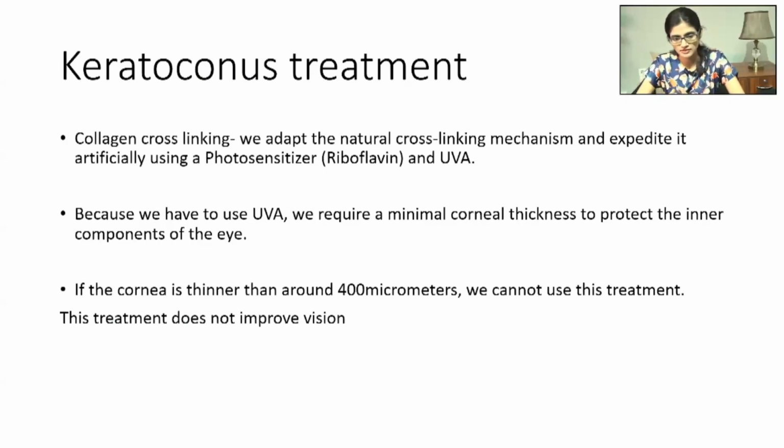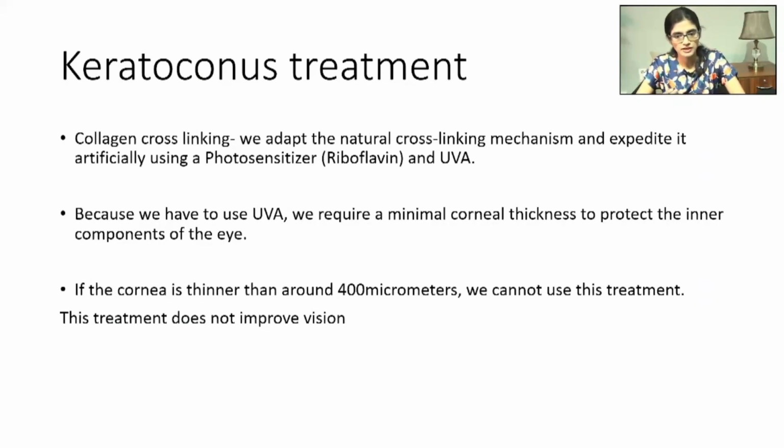Basically we stiffen the cornea, and the disease progression is stopped. But the damage that has already been done cannot be reversed. With collagen cross-linking, which is the treatment option, we can stop the progression, but we cannot completely recover the eye back to normal.